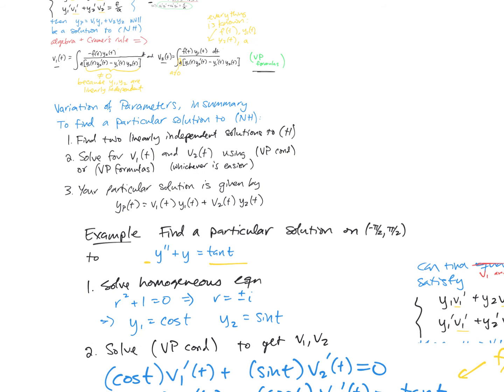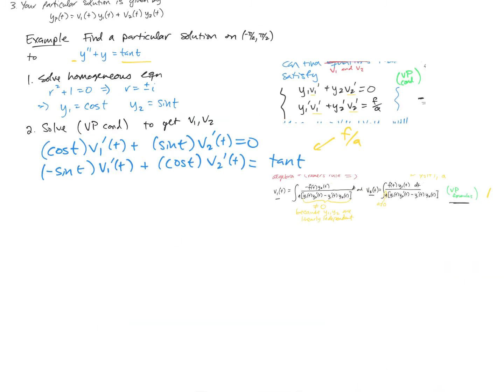The other thing you can do is take these formulas, and I'll show you something neat about this particular example. Instead of solving these conditions, we can plug into the VP formulas, which I've copied and pasted right here.